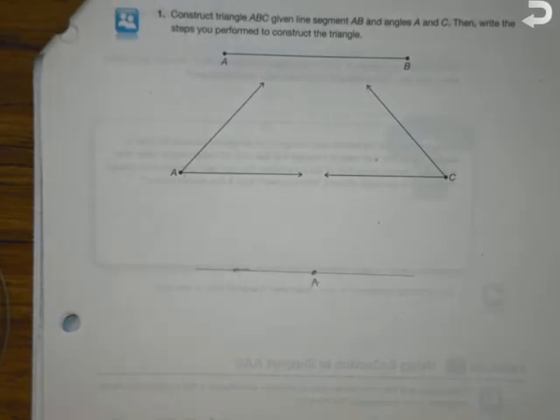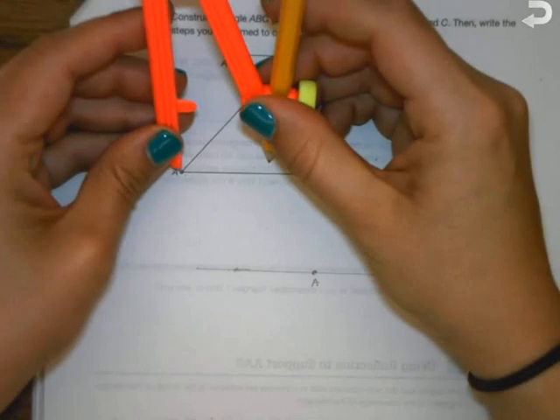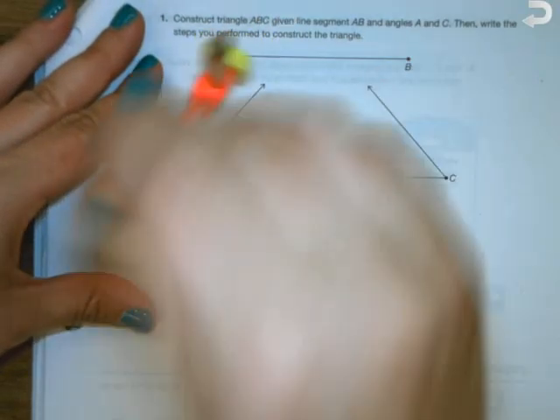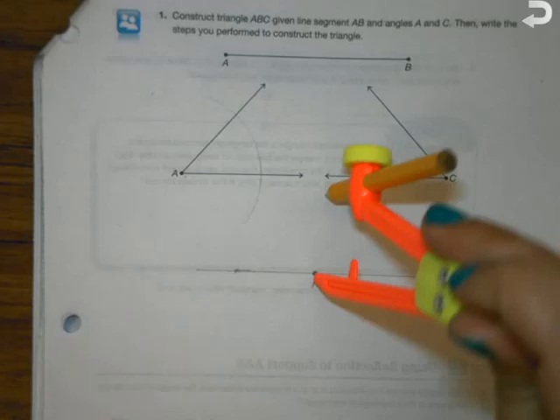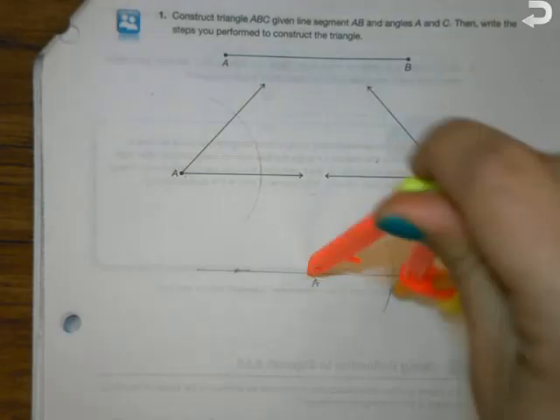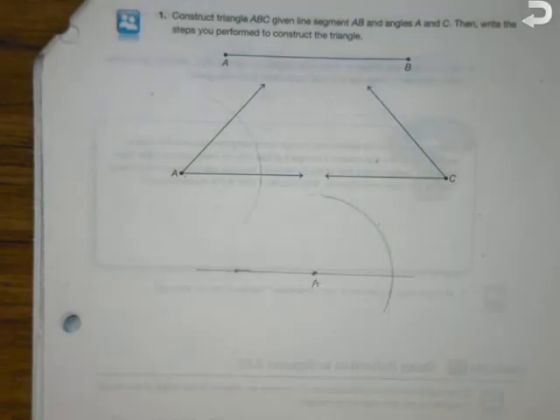So remember, we draw an arc, any size, and then same thing on point A, we draw an arc, any size, or the same size as what we just did. And then what's the next step in duplicating the angle? Well, we have to finish duplicating angle A first.